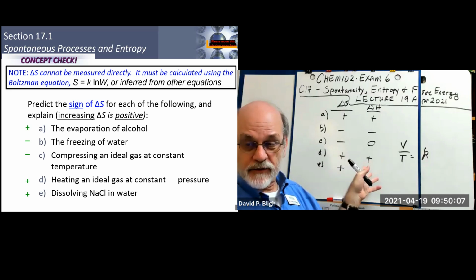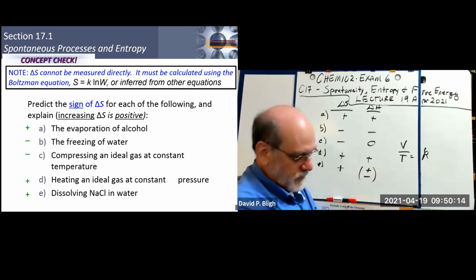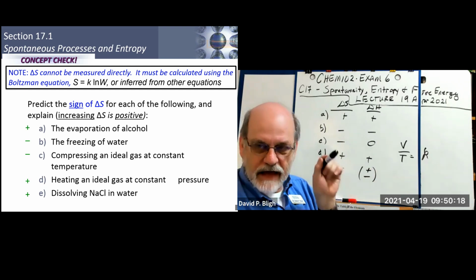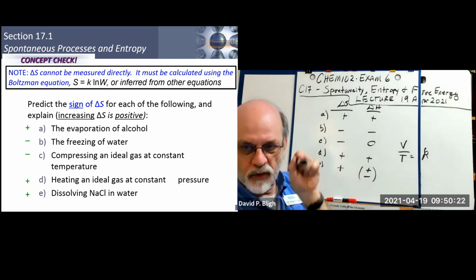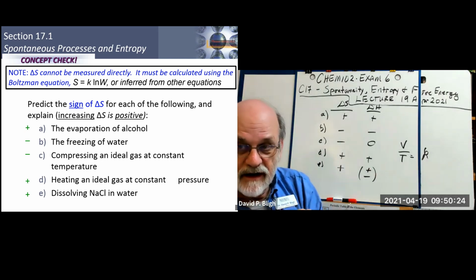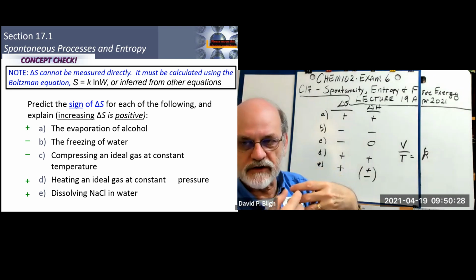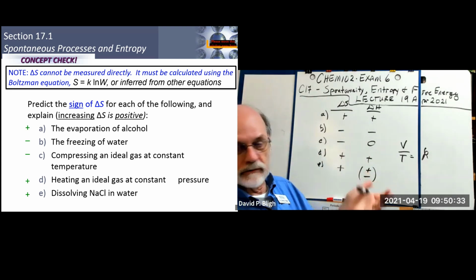So the delta H for this one is unknown. It could be positive or negative, because it's the summation: the endothermic breaking of bonds of the solute, the endothermic breaking of bonds of the solvent, and then the exothermic reforming of bonds between solvent and solute. So there, it could be positive or negative. We don't know.